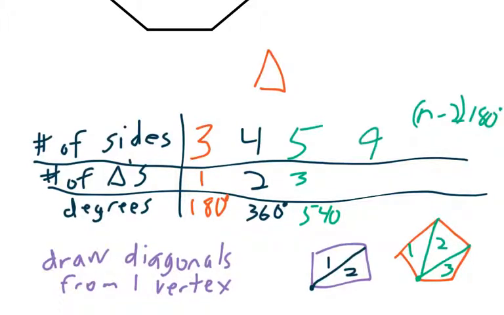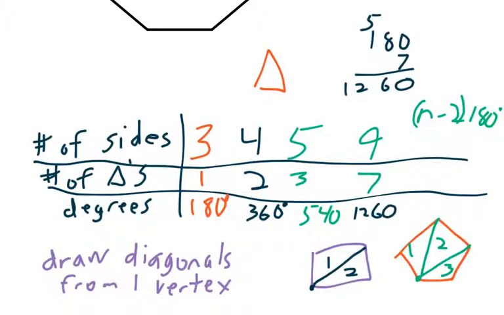So if we had a 9-sided figure like our nonagon, it creates 7 triangles, and then we just do 7 times 180. And I got 1260 when I multiplied. And then the way that we can find out what each angle is, since it's regular, is we can just divide by the number of angles.